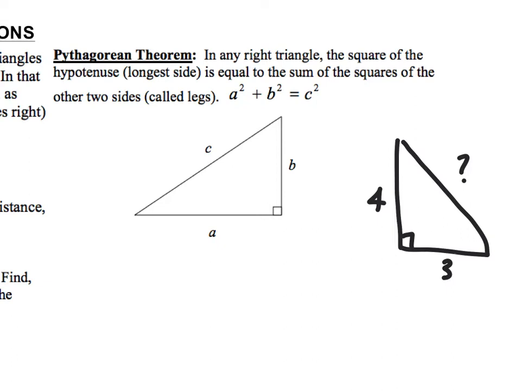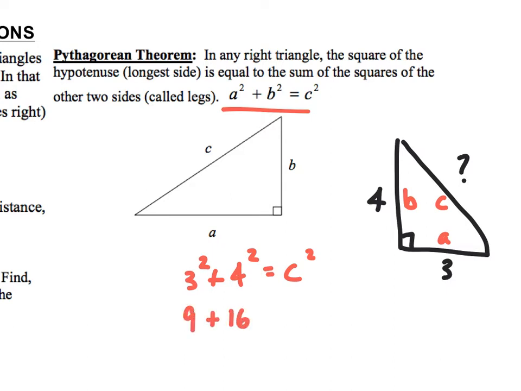Here's what I know. I label my triangle as A, B, and C. Using my Pythagorean theorem, I can say that 3 squared plus 4 squared is equal to C squared. So 3 squared gives you 9, plus 4 squared, which is 16, equals C squared. Then 9 plus 16 gives you 25.